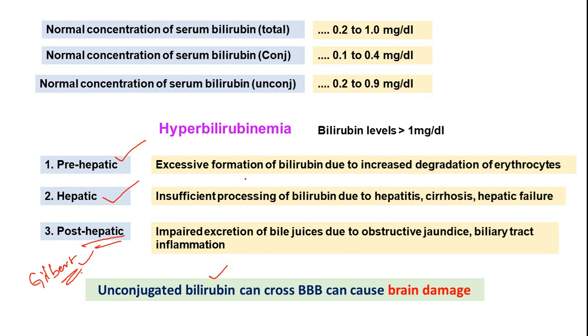So here, the bile juices are supposed to be released, but when there is inflammation of the biliary tract, or some physical problem like gallstones, that leads to obstructive jaundice. Because of the blockade, bile juices remain stagnant within the gallbladder, so that leads to jaundice conditions. Okay, so these are the reasons why hyperbilirubinemia happens.